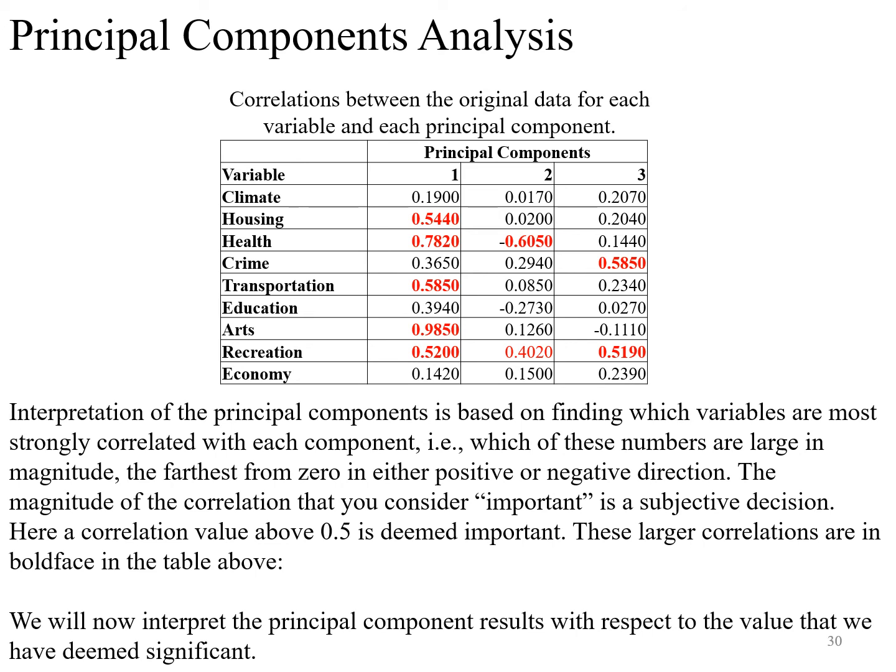And when you see a contrast like that, what it's telling you is that once we've gotten rid of the overall availability of these particular aspects of housing, there's a secondary pattern. And that pattern shows that areas where there's a lot of recreational opportunities, there tends to be less healthcare.